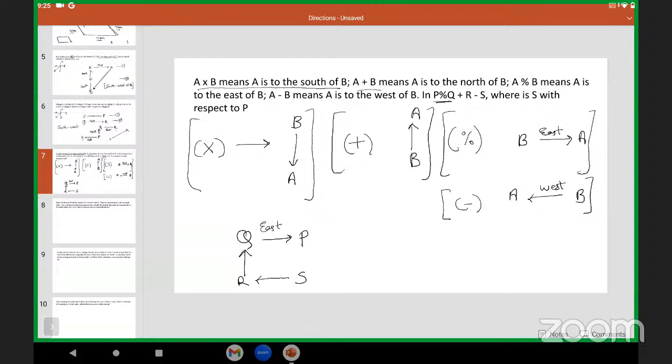The second point was q plus r. So plus means a is to the north of b. That means q is to the north of r. And the other point will be s. So r minus s is nothing but a is to the west of b. That means r is to the west of s.